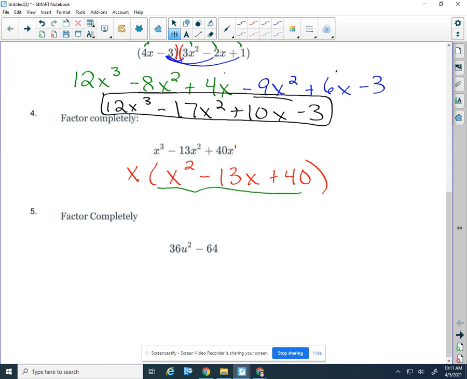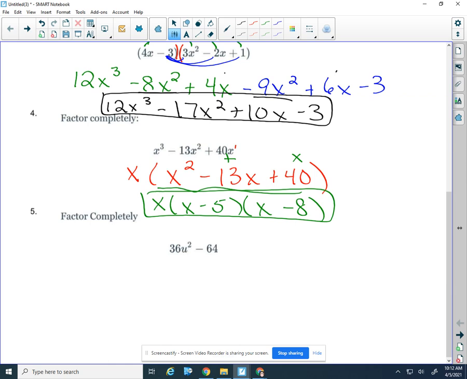And in this case, what's in the parentheses is a trinomial. So I have my x. I have to find two numbers that multiply to 40 and add or subtract to 13. So it's negative 5 and negative 8. Multiply to 40 and add to negative 13. And the last thing you should remember to do is bring down your GCF.